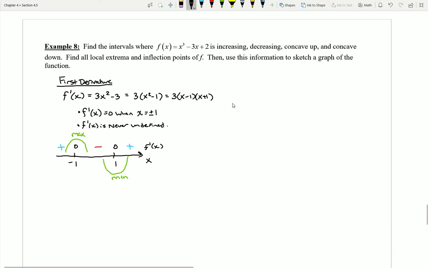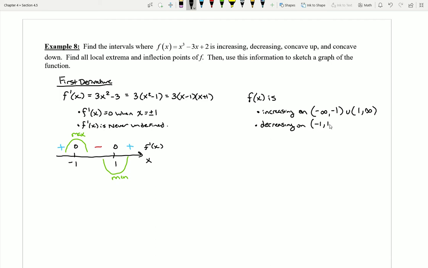So let's summarize all of this here over on the side. I can say that f of x is increasing on the intervals from negative infinity to negative 1, and also from 1 to infinity. It is decreasing on the interval from negative 1 to positive 1. Great.